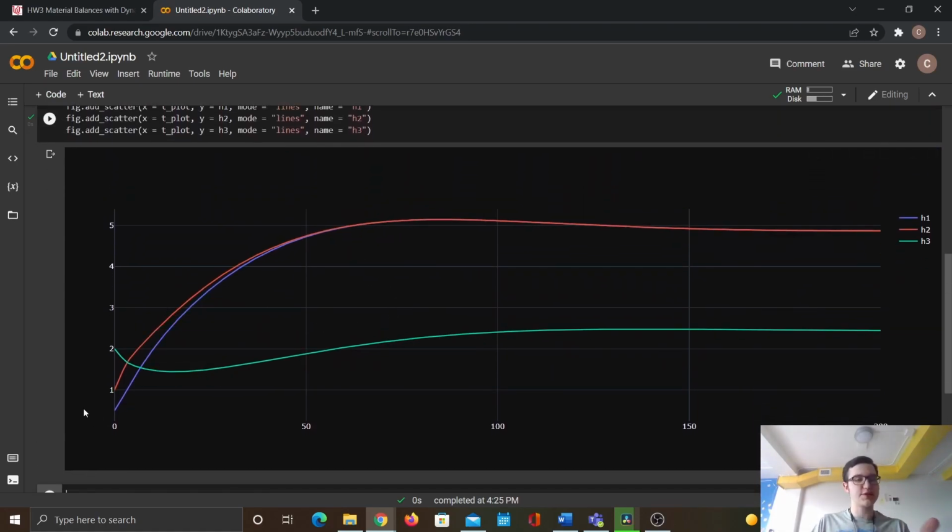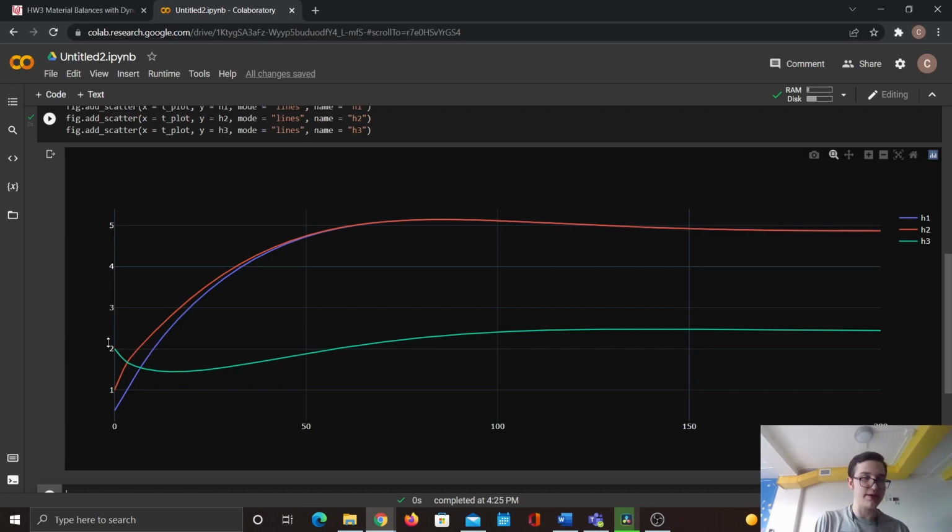So let's explain what's on the screen here. We have the initial starting points at time equals 0. The height in tank 3 is 2, the height in tank 2 is 1, and the height in tank 1 is 0.5. If you reference back to our little drawings, immediately, as things balance out, the liquid in tank 3 starts draining out.